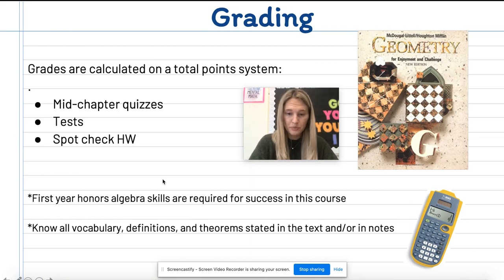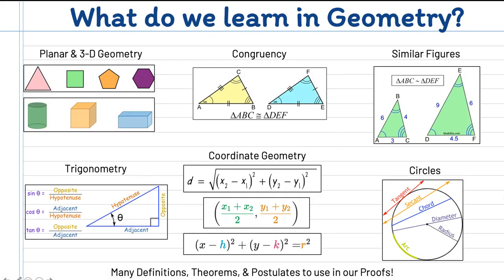So if they keep up on their homework and their practice and their notes, they should be very successful in this course. So what do we learn in geometry? Here are some of the things. In the beginning of the year, we focus on planar or 2D geometry, so 2D shapes and their properties. And then later towards the end of semester 2, we will focus on 3-dimensional objects. We focus heavily on congruency, so proving that 2 objects have both the same size and the same shape.